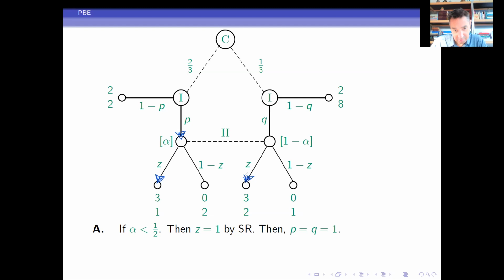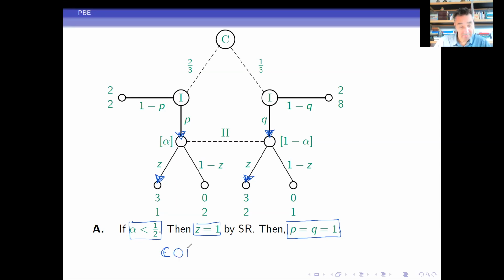You might think, okay, now we got everything. But in some sense, now we have to close the loop. We know the Z, and we know P and Q, but we still can now compute alpha, because there is also consistency.